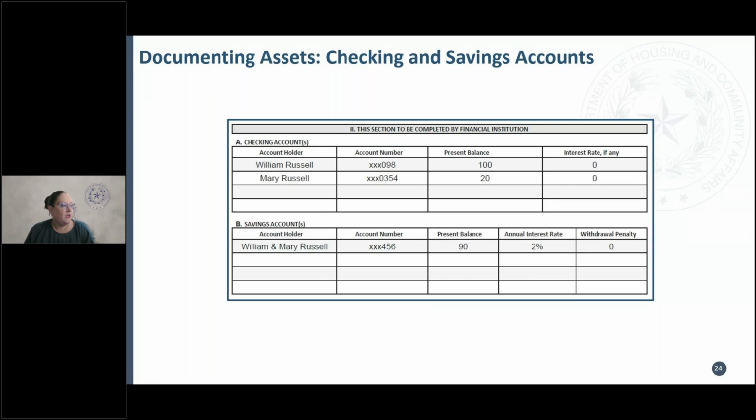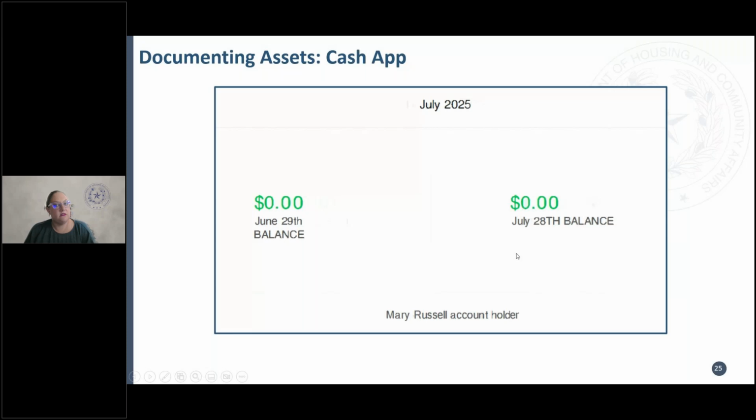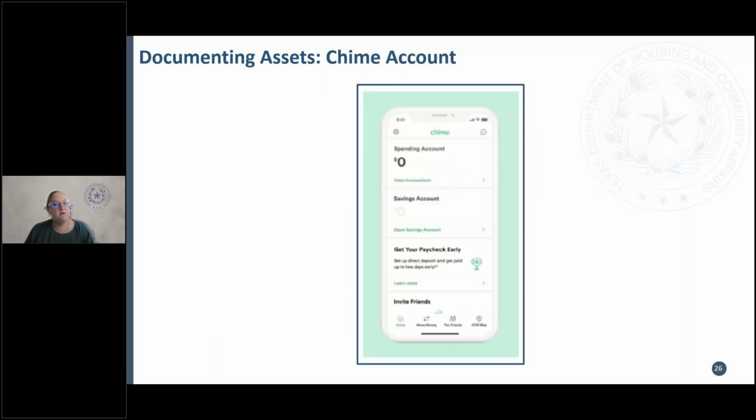Okay. In the interest of time, I'm going to go ahead and close this one. Looks like our voting has slowed down. And we will go through these, I promise. So we had our Cash App disclosed, but zero balance. So we did have a zero balance Cash App on our income certification. Chime, same thing, zero balance, but they disclosed it.